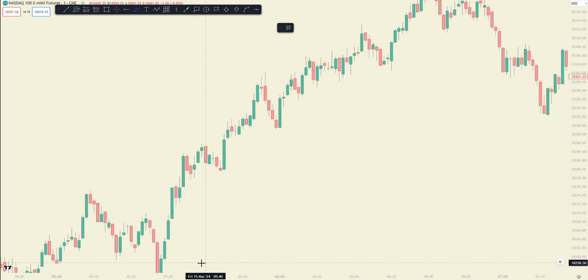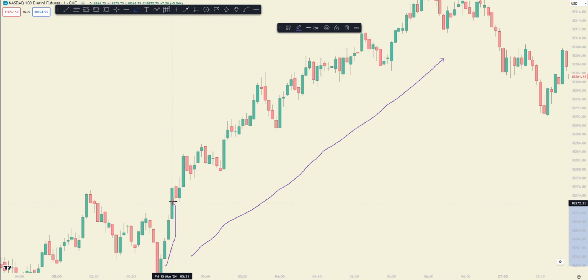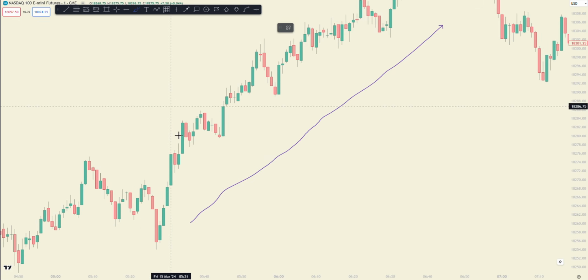So very clearly you can see that here we're in an uptrend, right? And you can see a series of bullish candles, but we don't close below any bullish candle that's trying to establish a high in this run up right here.